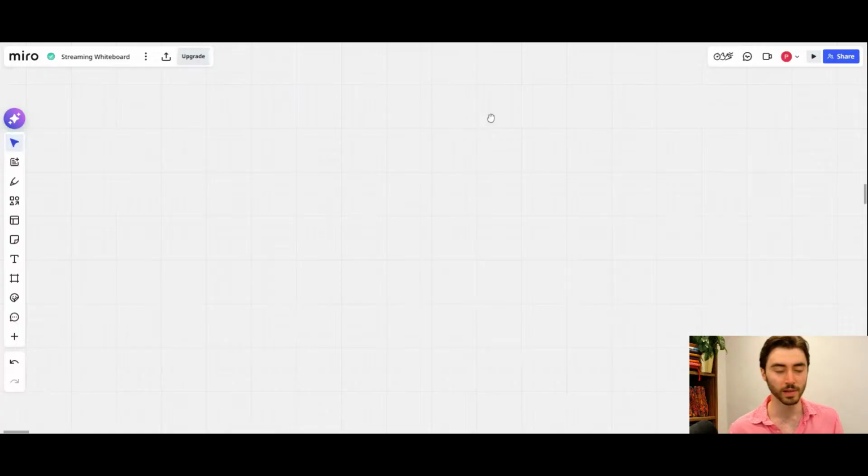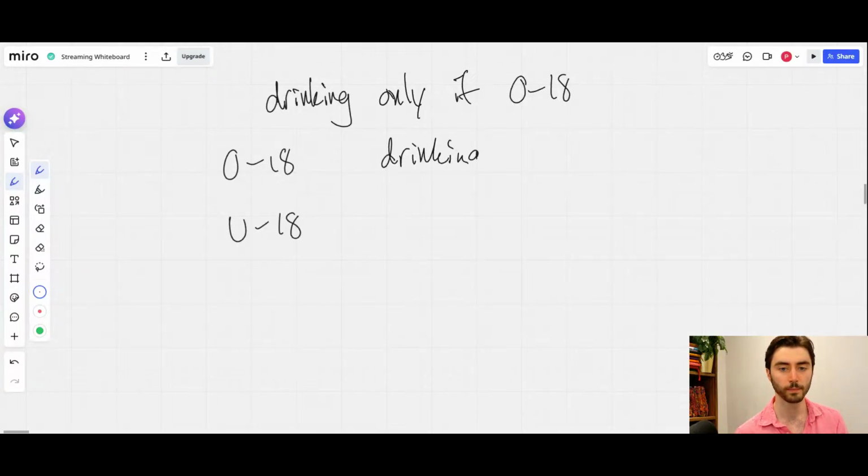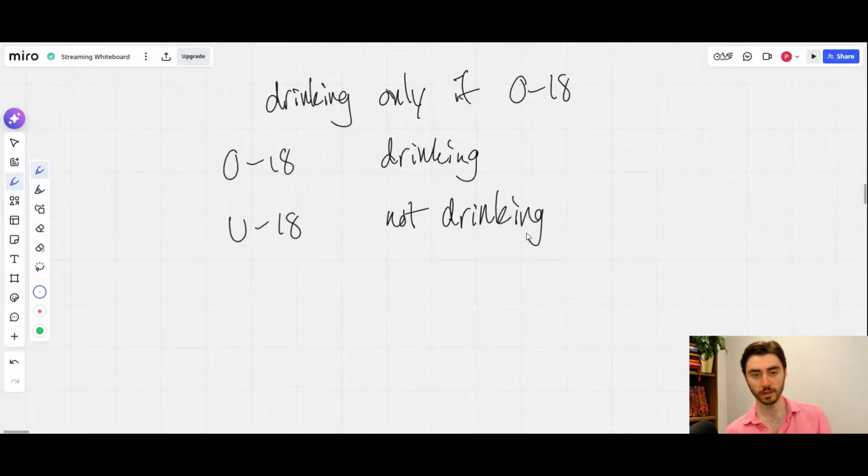A classic example I like to use: you can be drinking only if over 18. So you can be over 18, you can be under 18, you can be drinking, you can be not drinking. In order not to break the law, what can exist?